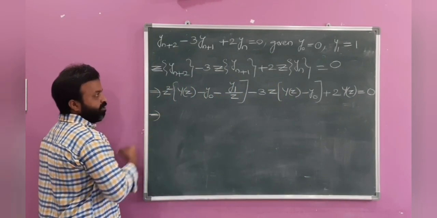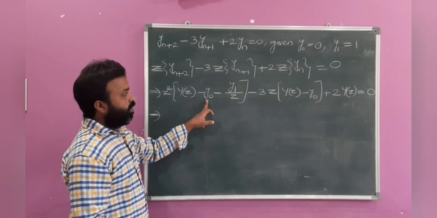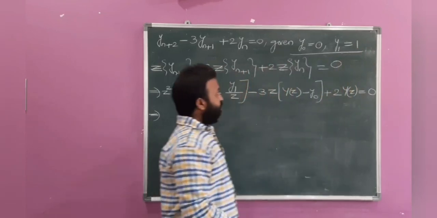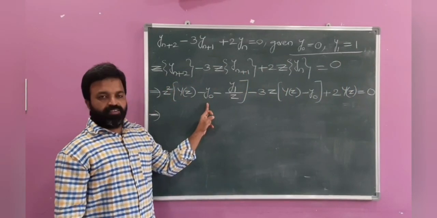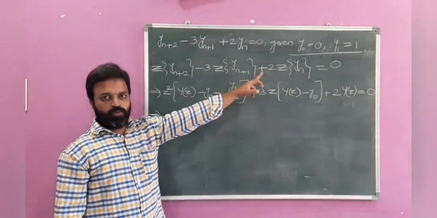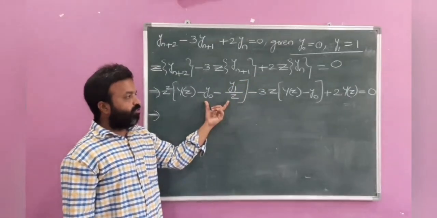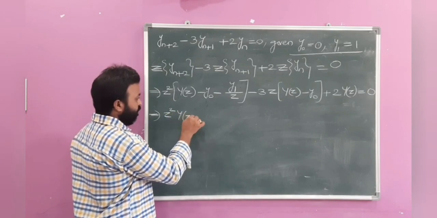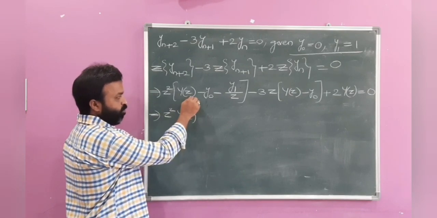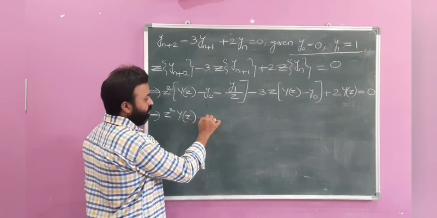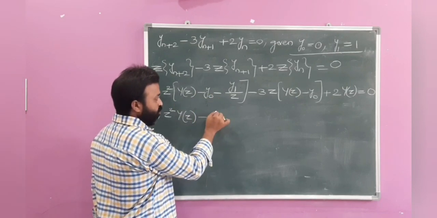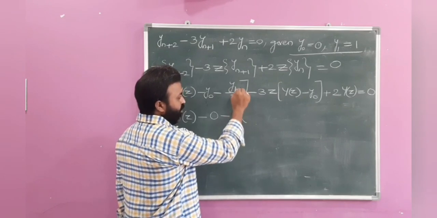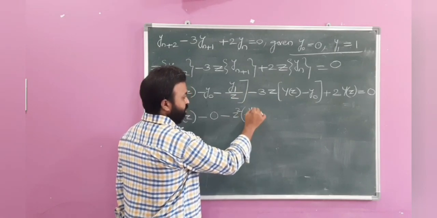Now, given y0 is 0 and y1 equal to 1. So the conditions are given: y0 is 0, y1 is 1. By substituting these values, we have z square into Y(z) minus z square into y0, which is 0, minus z square into y1, where y1 is given as 1 by z.